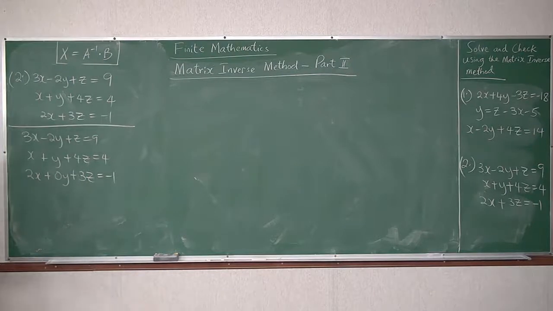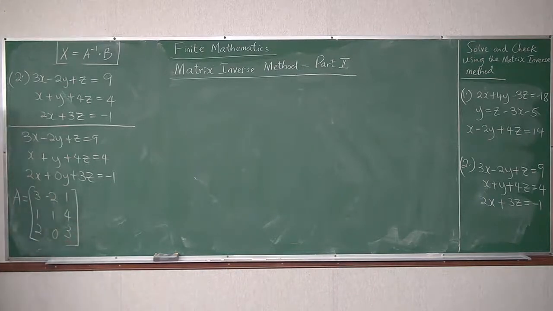Now what do we have here, folks? Let's write out our A, B, and X. So A is the matrix of coefficients. We have 3, 1, 2, negative 2, 1, 0, and 1, 4, 3.